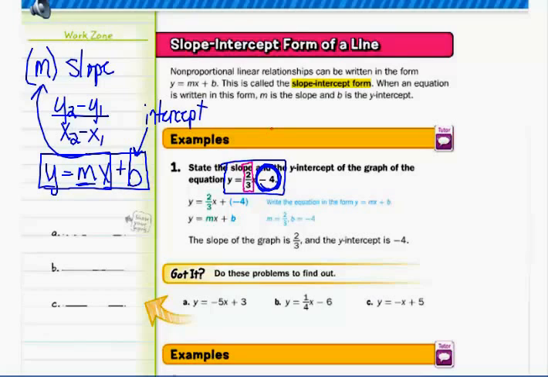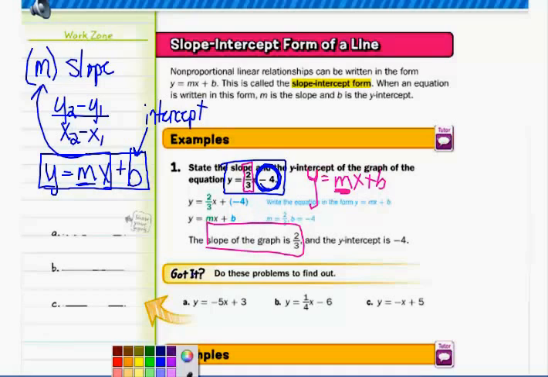Once you get it in slope-intercept form, it's supposed to be y equals mx plus b. The number in front of the x, 2/3, is the slope. Then the number at the end, the sign has to go with it. Even though it says plus b, it could be plus or minus. So the y-intercept is negative 4.